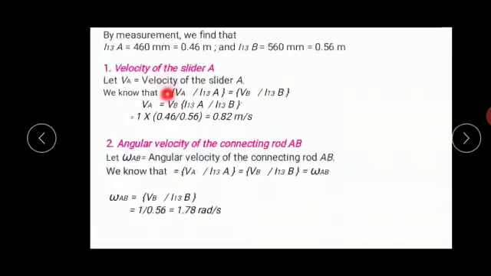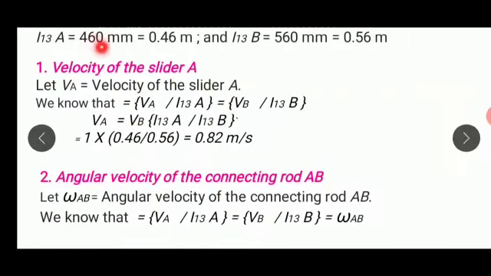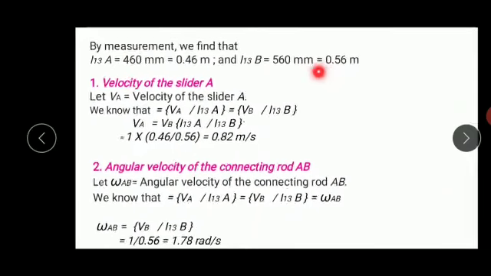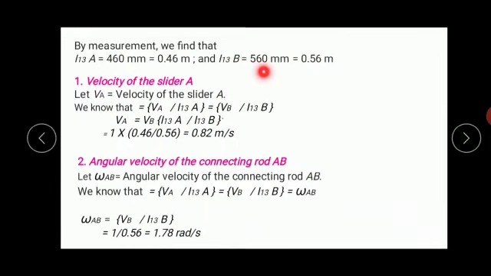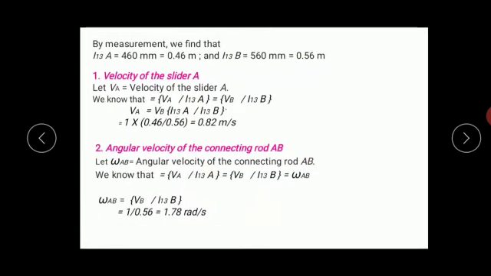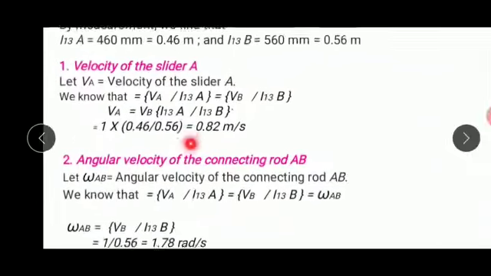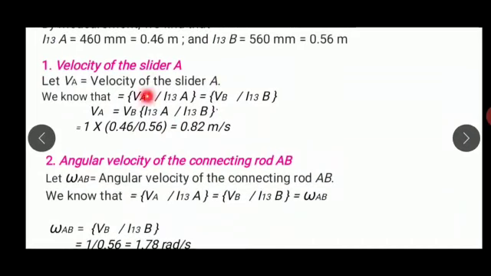So I13A turns out to be 460 mm, or 0.46 meter, and I13B turns out to be 560 mm, or 0.56 meter. The velocity of the slider A can be found out with respect to point A, using VA divided by I13A equal to VB divided by I13B.